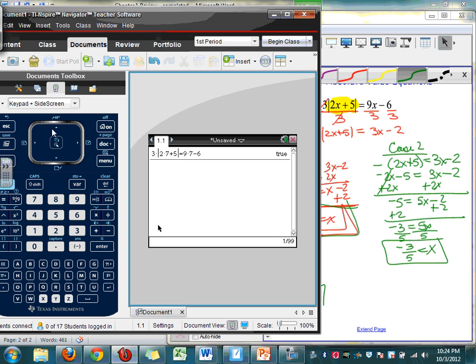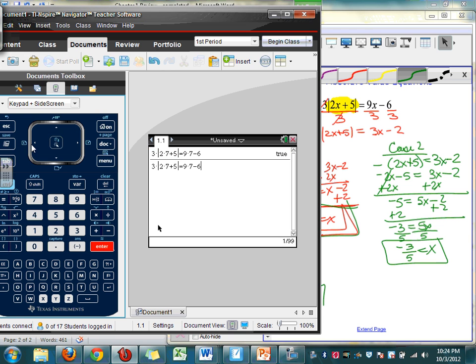Now I'm going to come back up here and arrow up and grab the next one here and hit enter. And I'm going to cheat. I'm going to backspace to where that 7 is, delete that, hit the Control division key and type in negative 3 over 5.